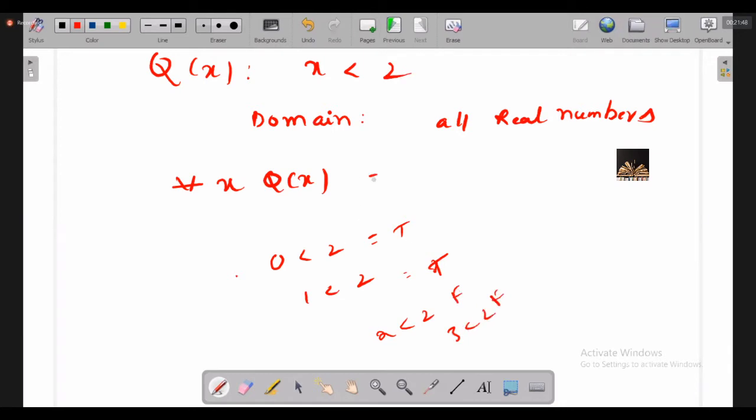So totally it is false. For all x, P of x is false when P of x is x less than 2. Note down.